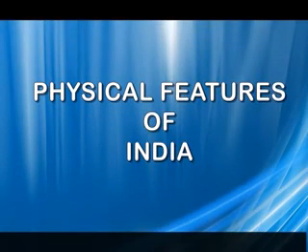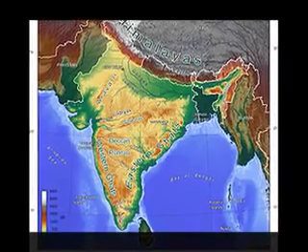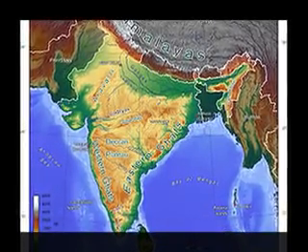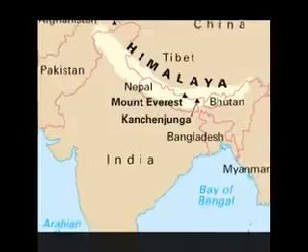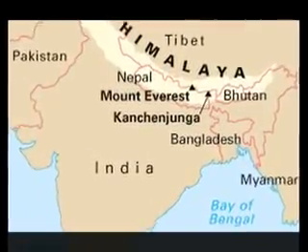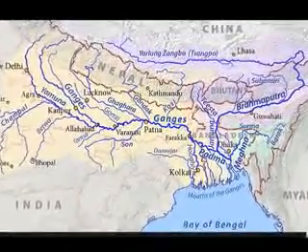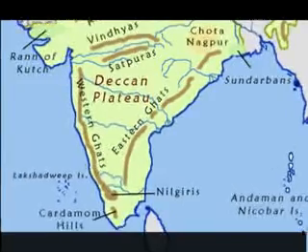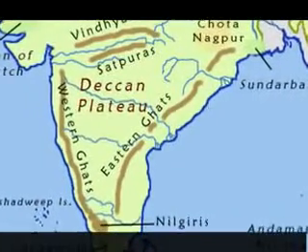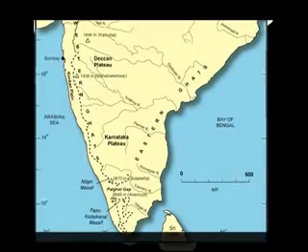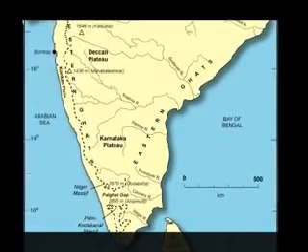Physical features of India. India can be divided into 4 physical divisions. They are the Northern Mountains, the North Indian Plain, the Peninsular Plateau, and the coastal regions and islands.